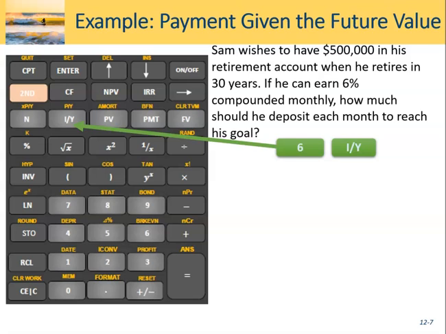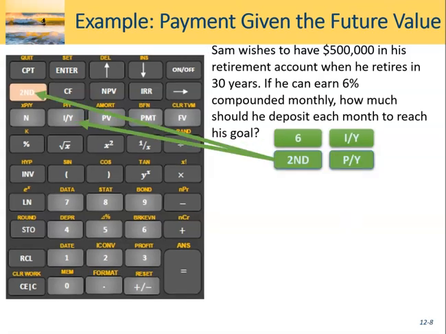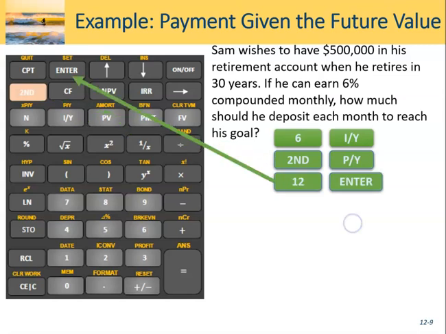Okay, so we know that our 6 is our IY, so 6 IY. We have to go to the second function, so second IY, which will bring you to the PY level, so that we can put in our 12, enter, that gives you the PY. CY is the same, they're both being compounded, so you don't have to arrow down and change your CY.